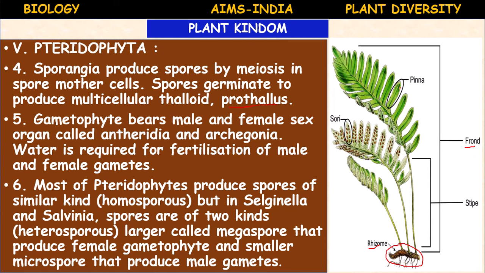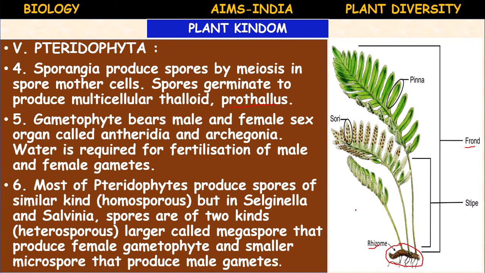The fronds have pinna, and these have brown colored spots, they are called sori. This is the stipe of the leaf, and these are the spores. The spores are released and germinate to produce a gametophyte, that is called a prothallus. That gametophyte develops to produce the male and female sex organs, antheridia and archegonia.